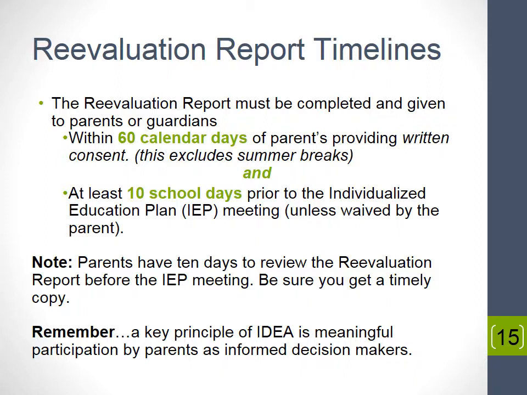So, for example, if a parent provides consent on May 1st, it is likely that the reevaluation will not be completed until the following school year, due to the fact that summer vacation is not included in the timeline. Remember, parents or the school district may request a reevaluation more frequently than the 2 or 3 year anniversary dates. The information in the reevaluation report is used to develop the next IEP for the student.